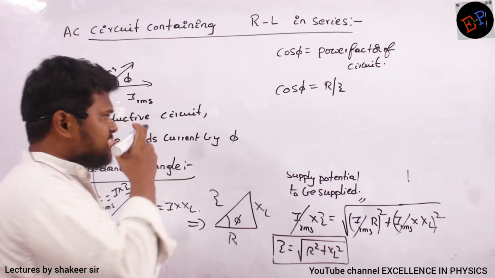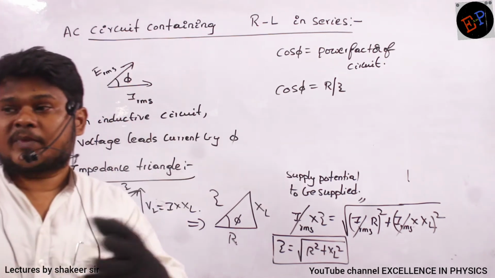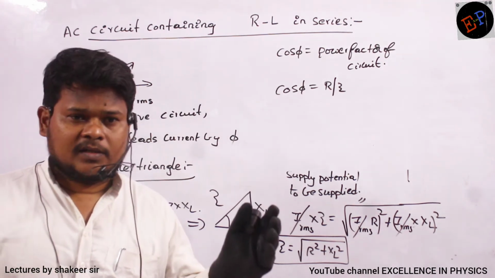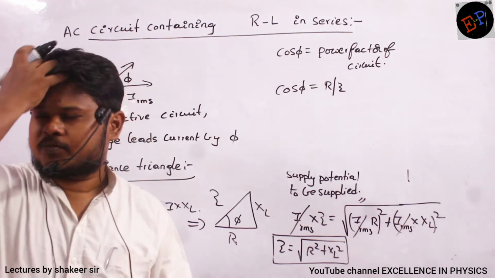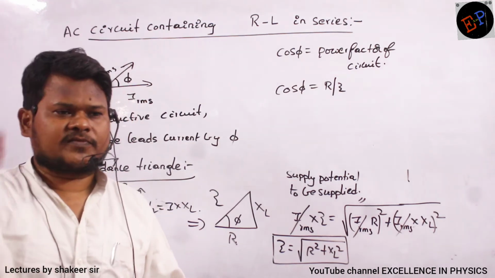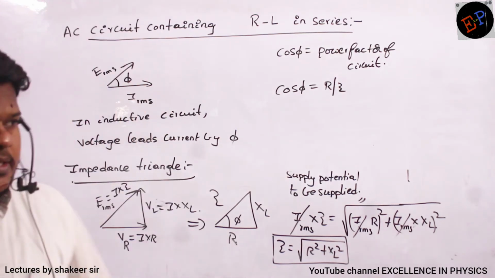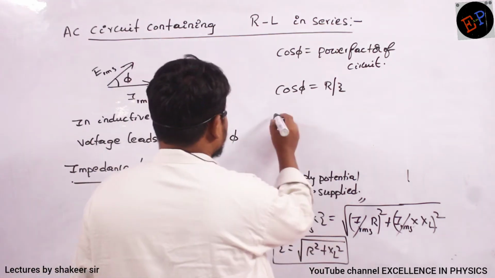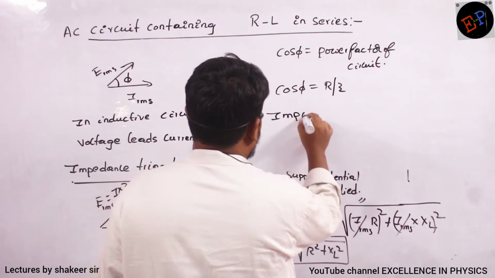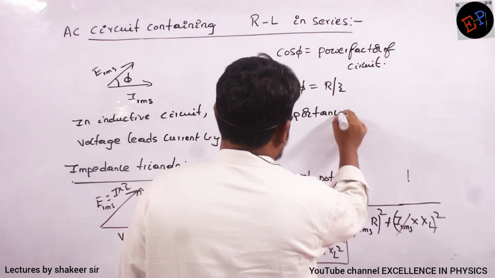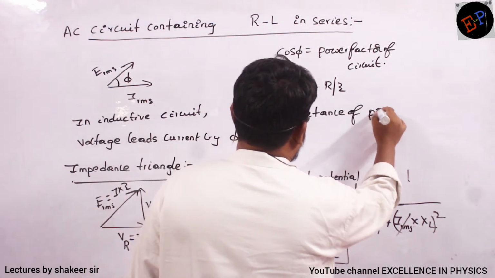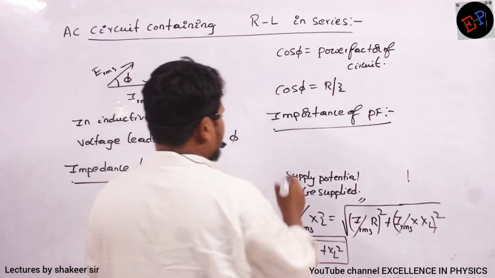So what is the importance of cos phi? If the cos phi value is maximum, the energy which you are supplying will be utilized maximally. That is, the efficiency of the circuit will increase if the cos phi value is maximum. That is the importance of it. So let us write the importance of power factor. Okay, ma?